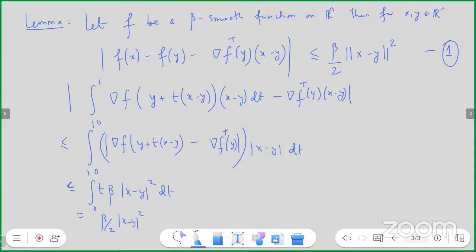So now if I evaluate, let's say, in addition, f is also convex, I get f of x minus f of y minus.